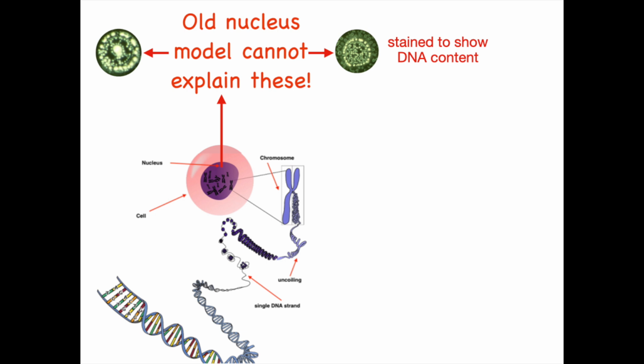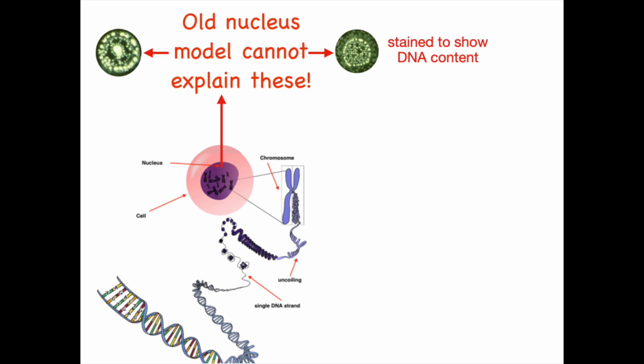So those things that you're looking at and those little circles and everything are loaded with DNA. And they are not linear. They are circulars. So we need to be talking about circles of DNA instead of assuming it's just a big giant linear strand. I'm going to show you a new model that will help explain those photomicrographs up there.